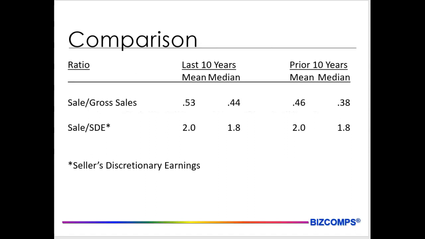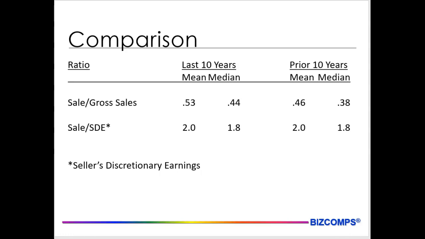One thing I was always curious about is comparing a database and looking at it over time and seeing how the ratios or multiples may change over time. This representation given by Jack Sanders shows the difference in the last 10 years and the prior 10 years for different multiples.